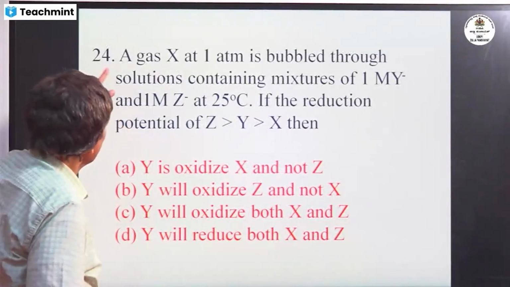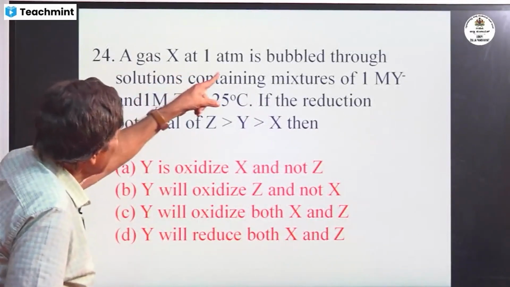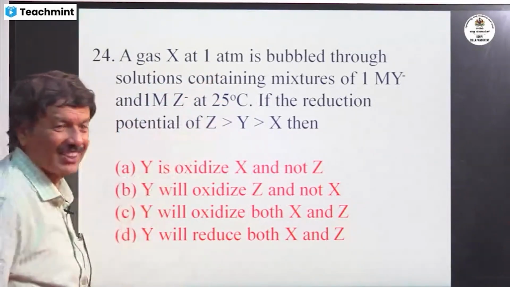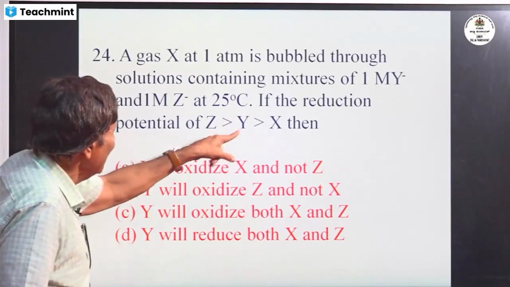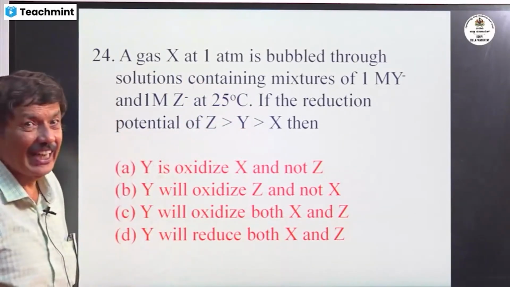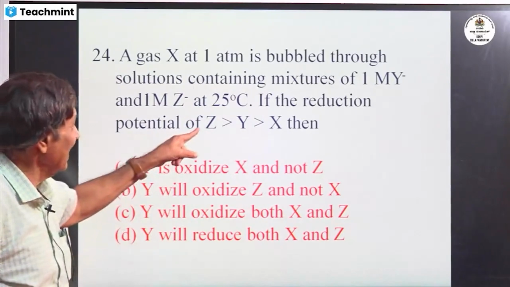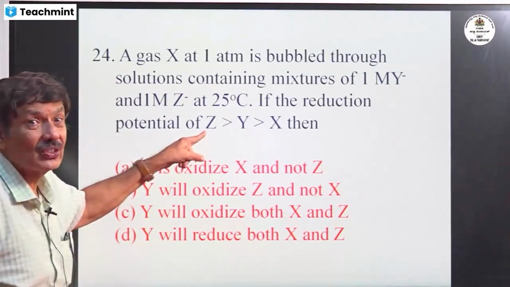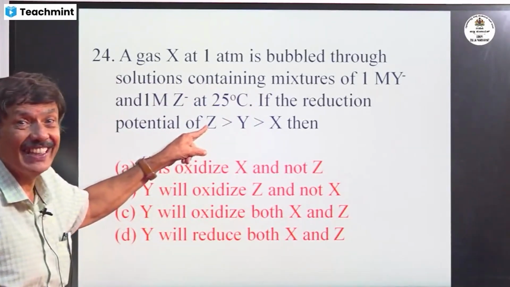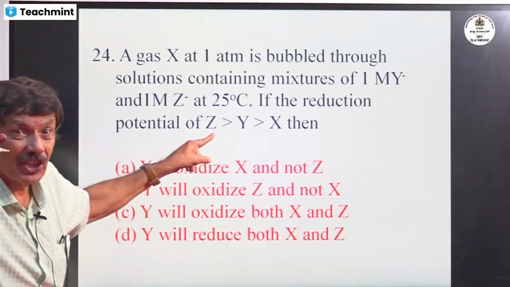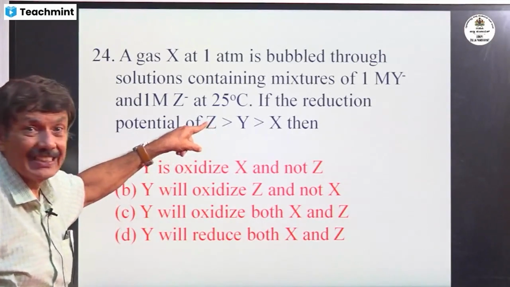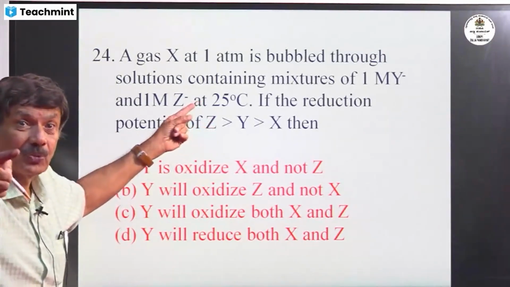A gas X at 1 atmosphere. Again, more or less same concept. Reduction potential Z, Y, X. I told you no. Higher the reduction potential, more powerful oxidizing agent it is. Is it not? Higher the reduction potential, more tendency to undergo reduction, most powerful.